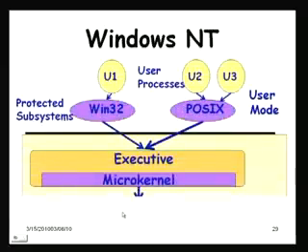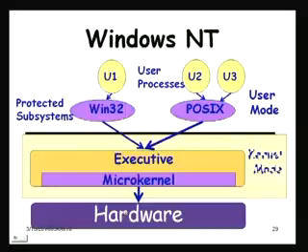In the kernel mode we have the microkernel, and on top of that is the executive. In a pure microkernel design, we were discussing last time, in kernel mode only the microkernel operates, and all other operating system components operate in user mode. That is the basic of a microkernel based design. So, it is not purely a microkernel design, it is a layered design.